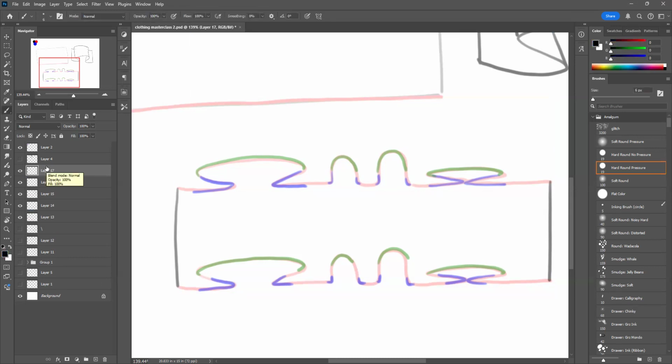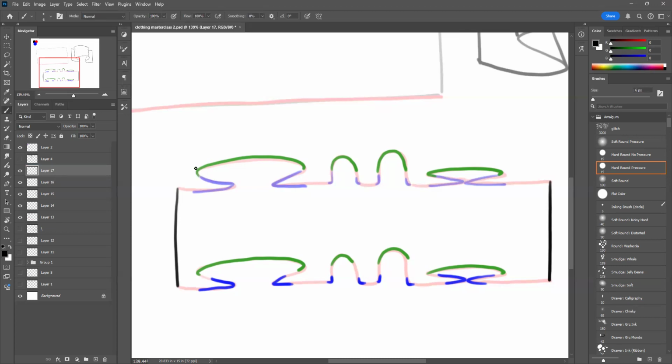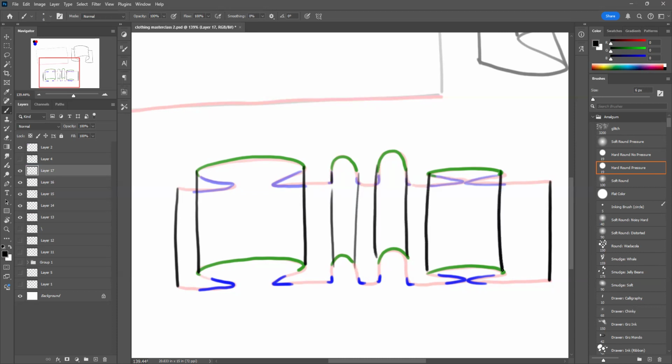So what you do is the green sections, the top sections, you have to connect them first, because these top sections will, of course, block out your bottom sections. So we'll draw those in, and you just connect the dots right here and here. Connect, connect, connect.